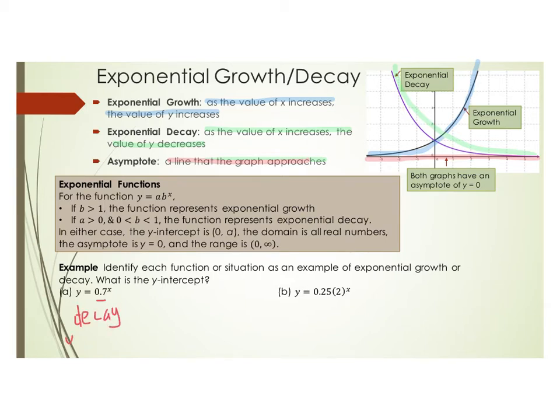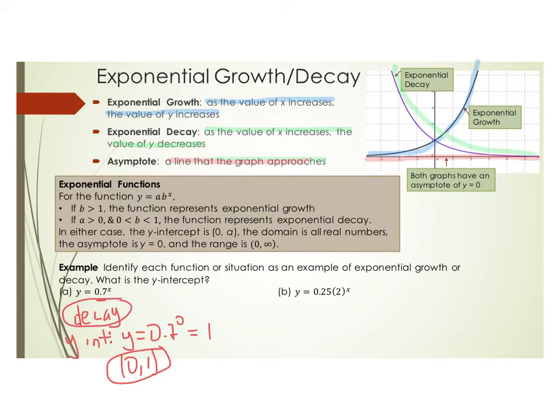And remember to find the y-intercept. All we have to do is plug 0 in for x. And in this case, we do get 1. So our intercept is located at (0, 1).